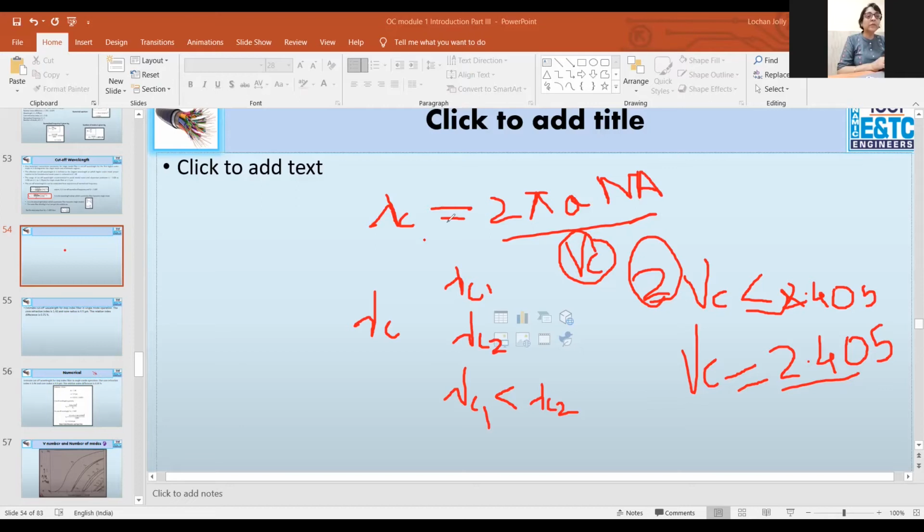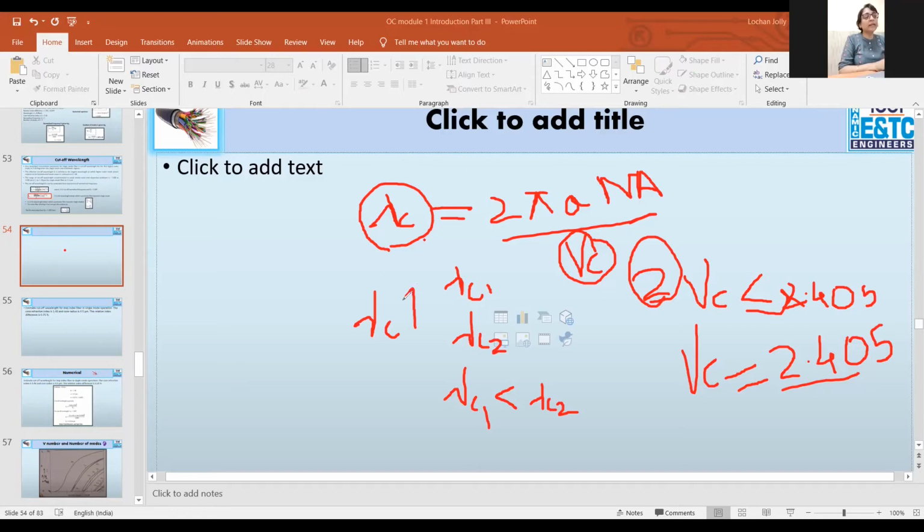So what I'm trying to say is cutoff wavelength tells you that this is the limit that will be allowed, or below this there will be no single mode transmission, but above it all the wavelengths can be used for single mode transmission, right? That is why it is called a cutoff.